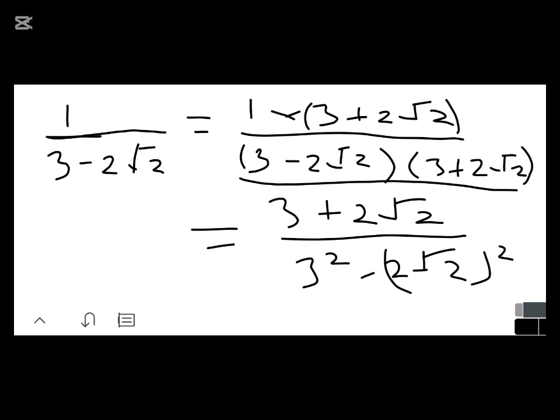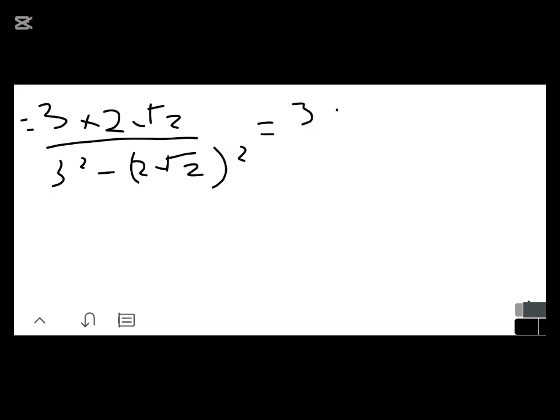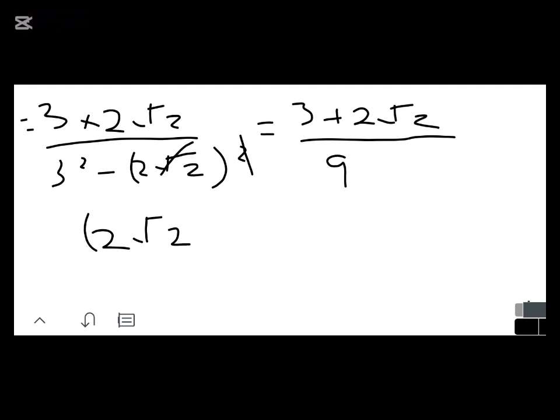The numerator is giving us the same thing, 3 plus 2 square root of 2, all over 3 square is 9, and this square will cancel the square root sign, and we are left with 4 times 2, because when you have 2 square root of 2 all square, this square will affect this 2 as well, and we are getting 4.